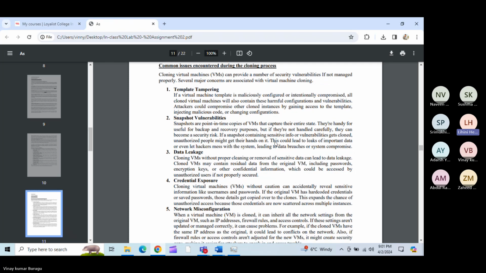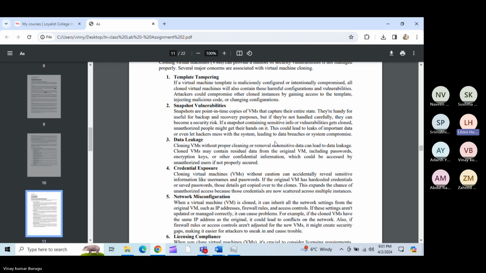The second one is snapshot vulnerabilities. Snapshots, while useful for backup or recovery, can become a security risk if not handled carefully. Cloned snapshots containing sensitive data or vulnerabilities could be accessed by unauthorized users. This can lead to data breaches or system compromise.